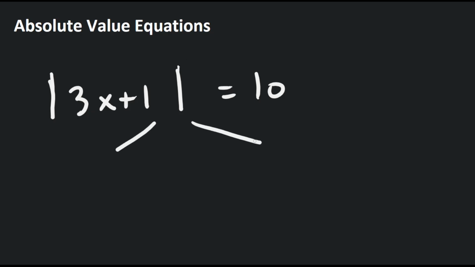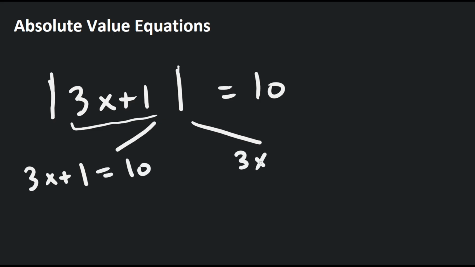All we have to do is split this up. So we can free this 3x plus 1 within it. We have 3x plus 1 equals positive 10, and on the other side, we have 3x plus 1 equals negative 10. So that's how we drop the absolute value bars.